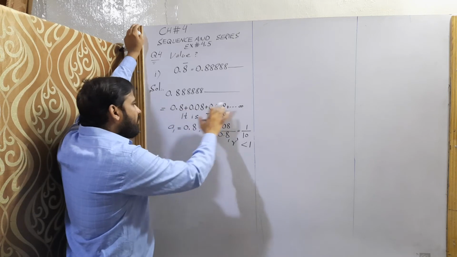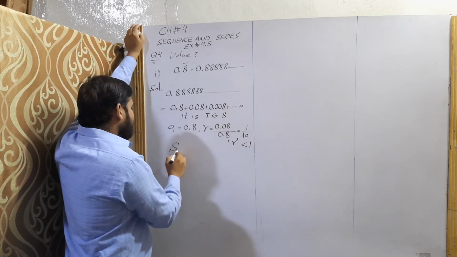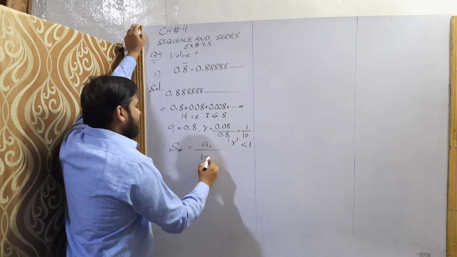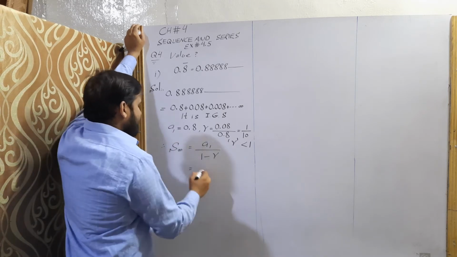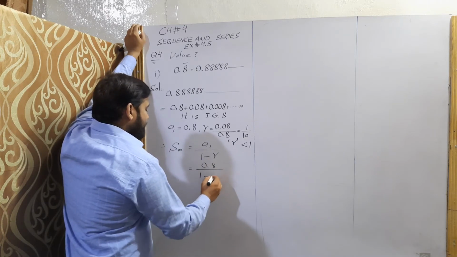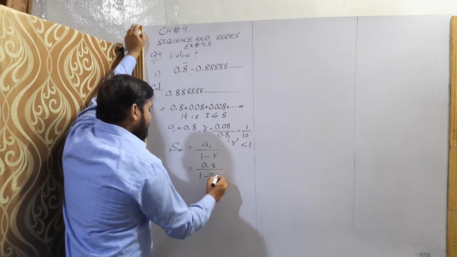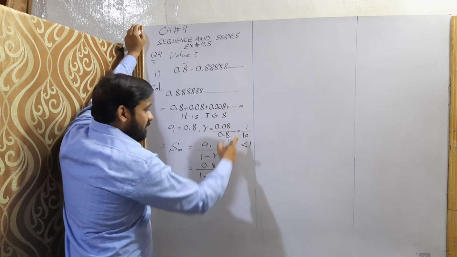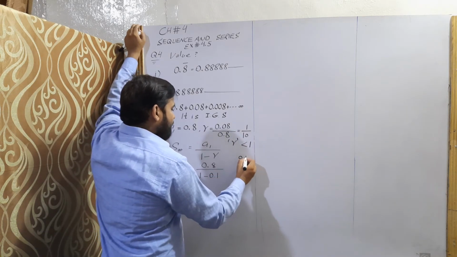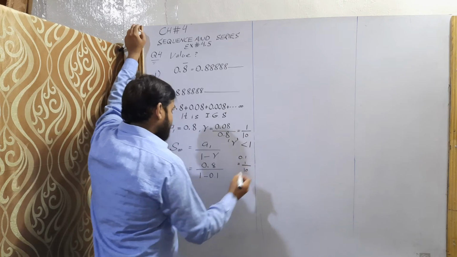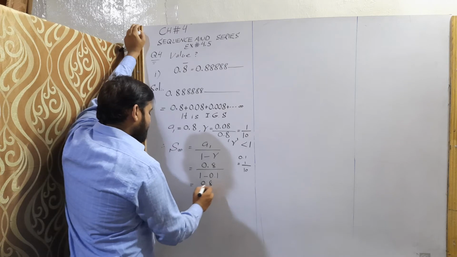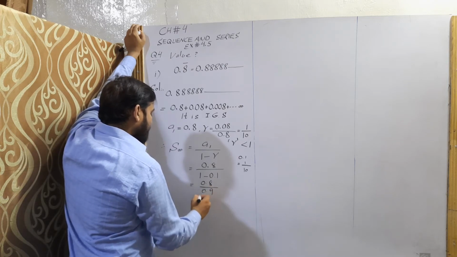How can we find the sum? The sum formula is S infinity equals a1 divided by 1 minus r. a1, which is the first term, is 0.8, and the common ratio in this case is 1 by 10, which can be written as 0.1. So 1 minus 0.1, this is 0.8 divided by 0.9, point cancel.